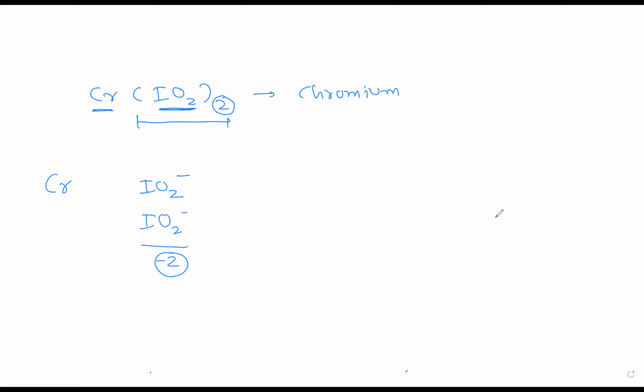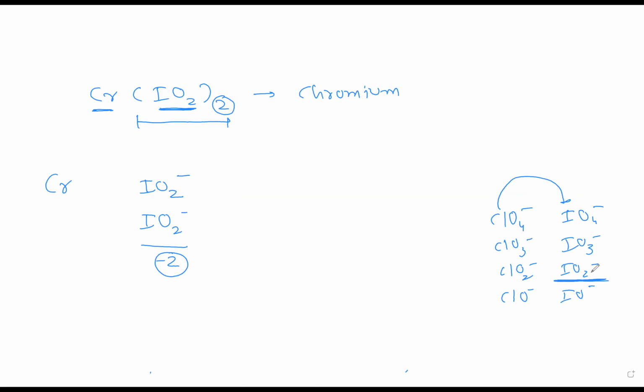Just in case somebody isn't able to figure this out: ClO4 minus, ClO3 minus, ClO2 minus, it doesn't matter what you have, the charge remains the same. All we have to do is replace Cl with I in this case. So IO4 minus, IO3 minus, IO2 minus, and IO minus. The one that we have is IO2 minus, right?